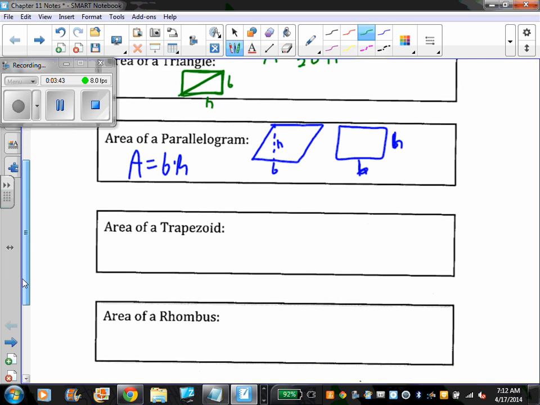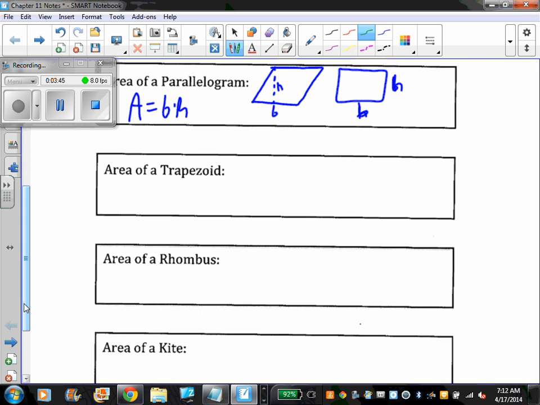Trapezoid is next. And what we want to do for the area of a trapezoid, just as a reminder, here's a trapezoid. This also will involve the height. Height, again, is going to be the distance between the two bases. Notice that that's a right angle there. And remember that in the trapezoid, the bases can be different lengths.